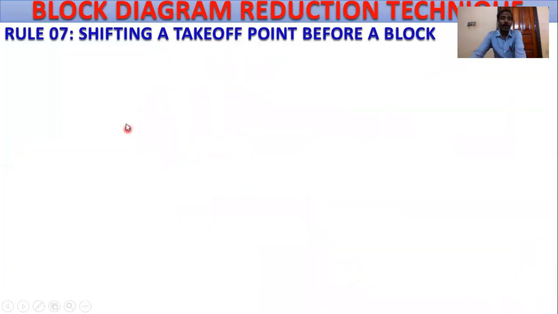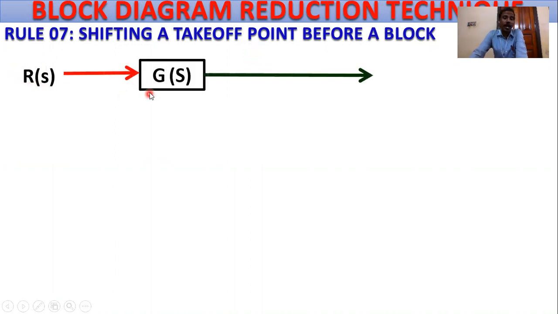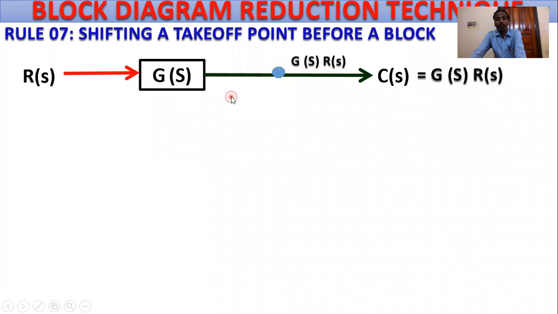This is figure B: shifting the takeoff point before a block. This is R(s), the system gain G(s), and the system control output C(s). This signal is equivalent to R(s) times G(s).